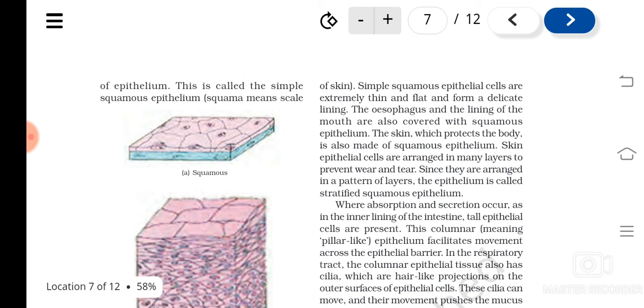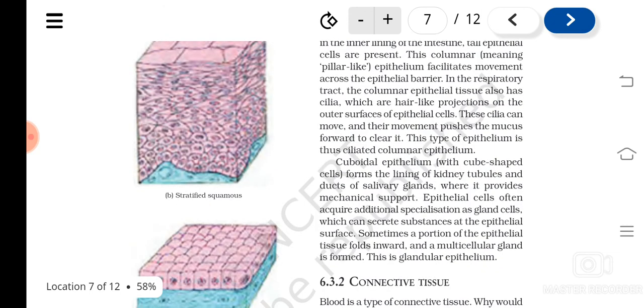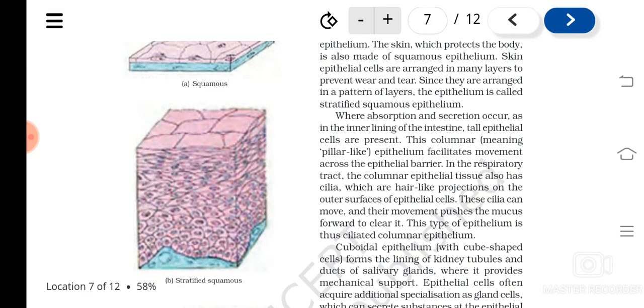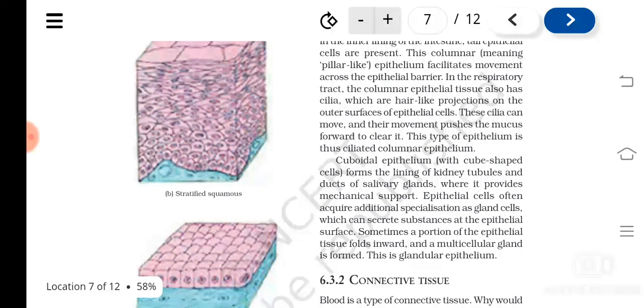Columnar means they are column-like, long cells, and cuboidal means they are cube-shaped. Columnar epithelium can be seen in the inner lining of the intestine, and cuboidal epithelium in the kidney tubules and ducts of salivary glands, and they give mechanical support.